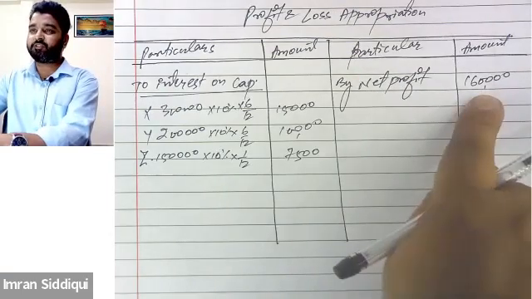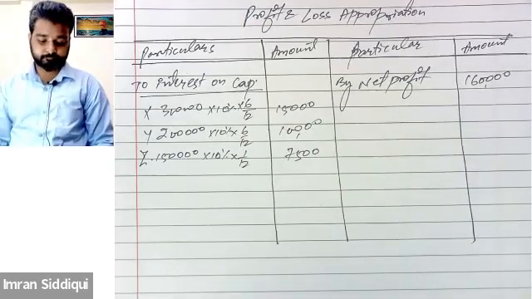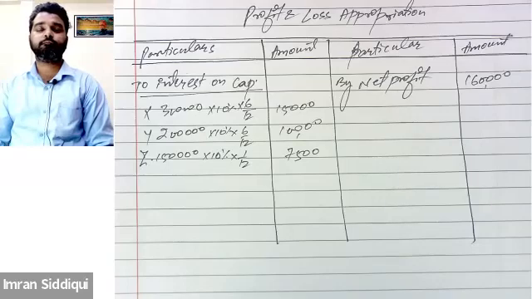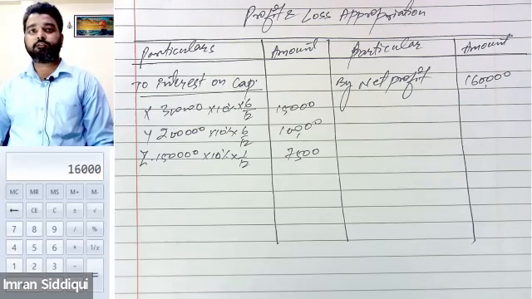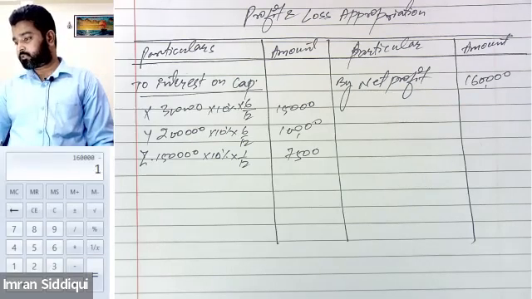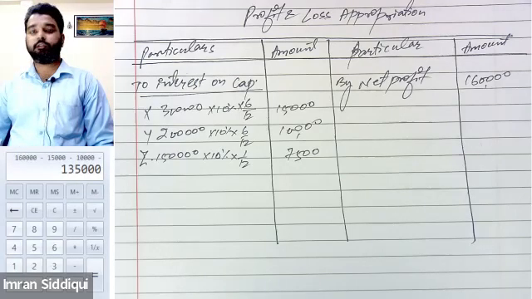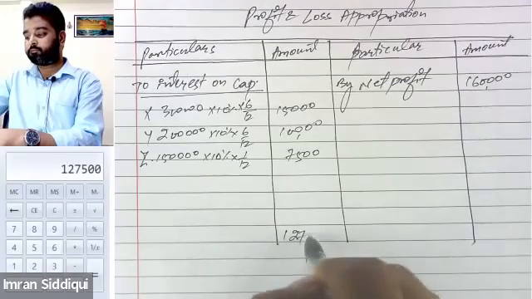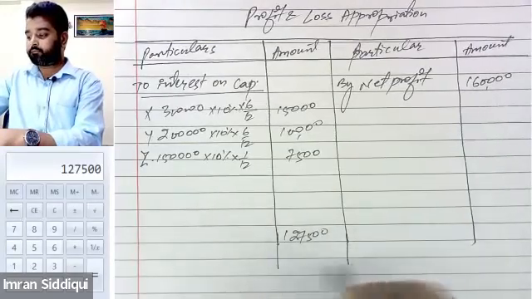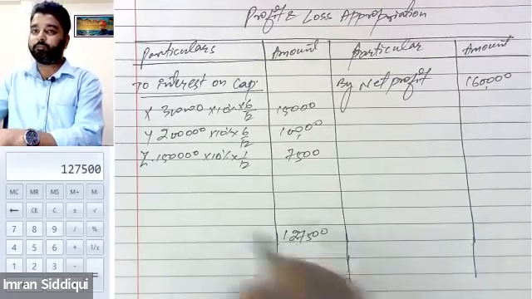So out of 1,60,000, we will subtract all these values: 1,60,000 minus 15,000, minus 10,000, and minus 7,500. So the remaining amount of profit will be 1,27,500. Is that correct, everyone?